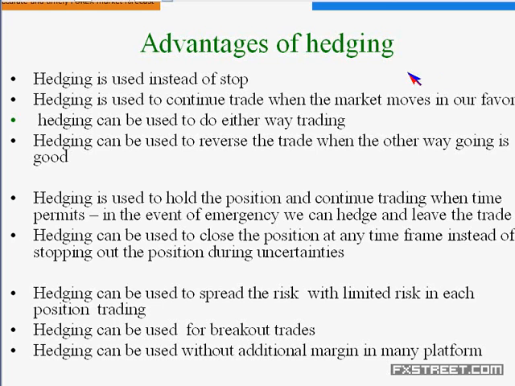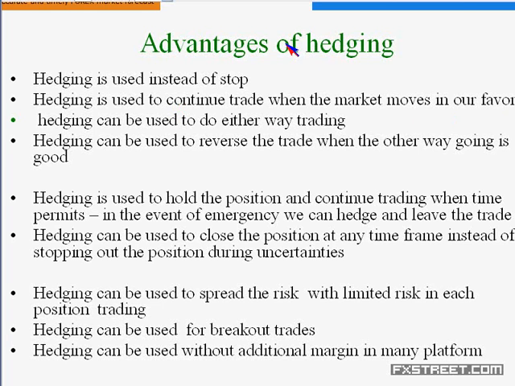So instead of a stop 30 pips below the market, you can keep a hedge order. And in case the hedging is not filled and the market goes above, you are able to keep stop at the entry and remove the hedging order. There ends the matter. So you don't need to worry about whether the position is going to be hedged or not. The hedging is used to continue the trade when the market moves in our favor.